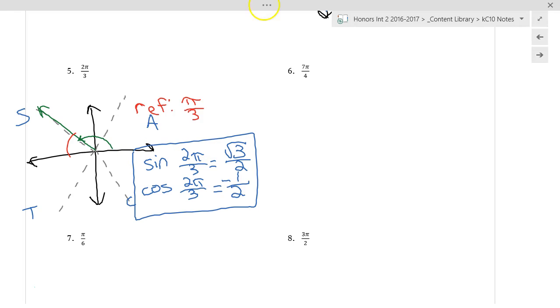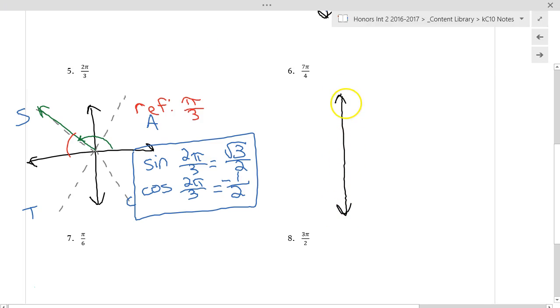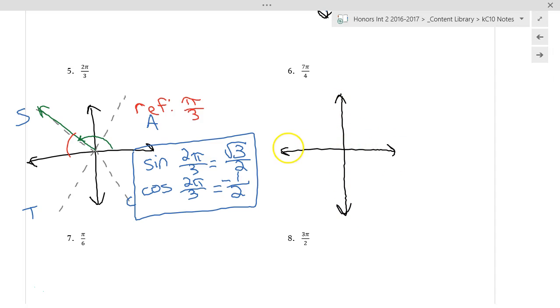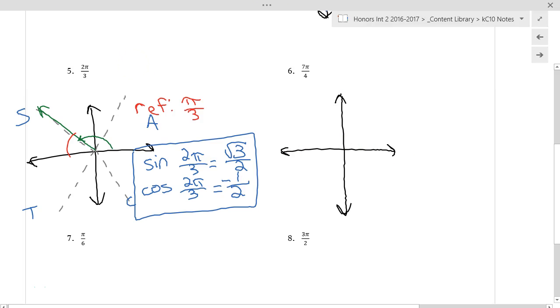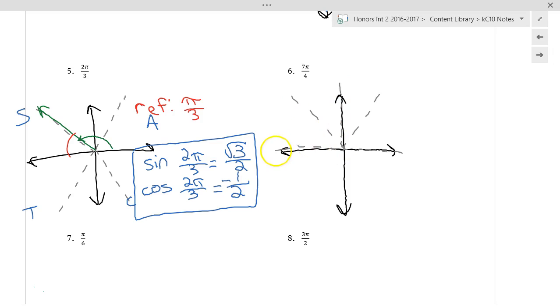Moving on to number 6. Let's draw our angle. With 7 pi over 4, I'm going to split things into fourths. This one, the y-axis does count. And I will continue into the bottom as well.